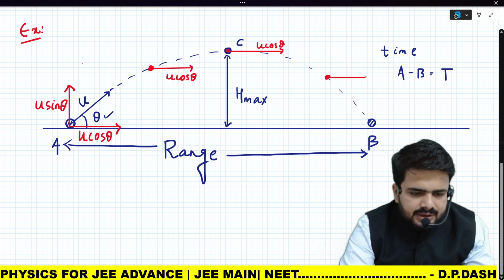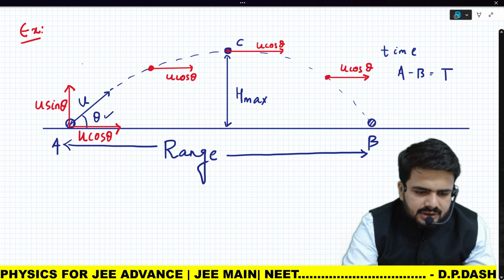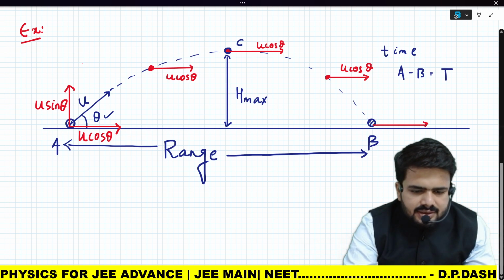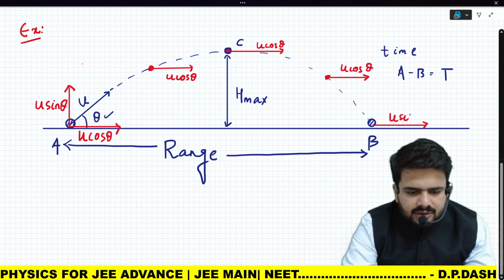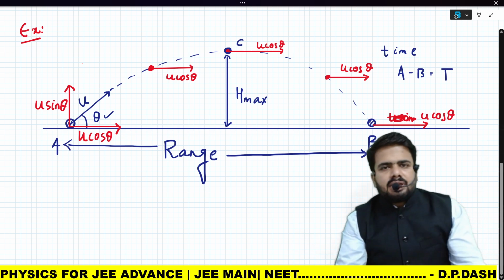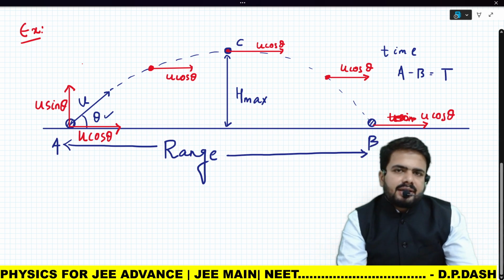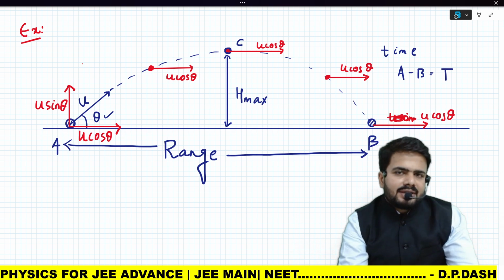Whatever be the point, the horizontal velocity remains constant at u cos theta till it reaches the final position, without showing any variation in its magnitude or in its direction.